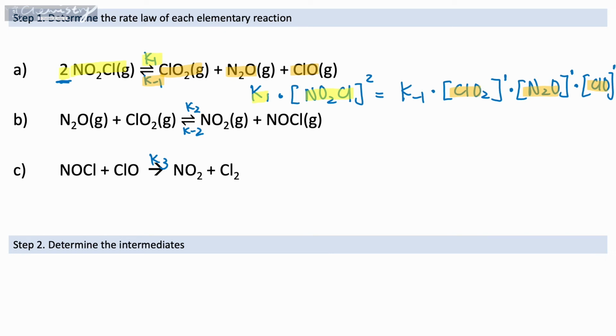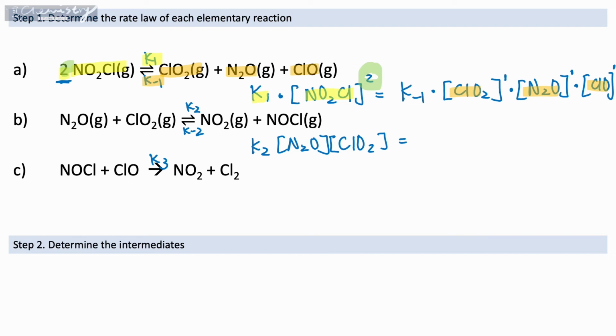So remember, I think the one that is important to note is where the 2 comes from. So the power does matter. And we'll do the same thing for the ones at the bottom. So it's going to be K2 N2O to the first power. So I'm not going to write them all out, and then like that.